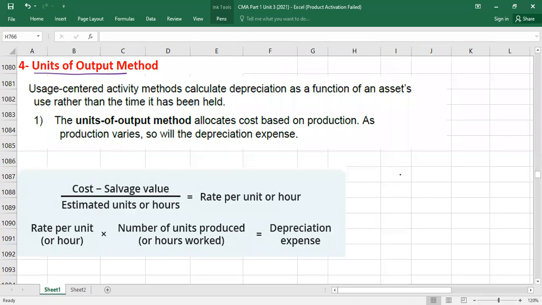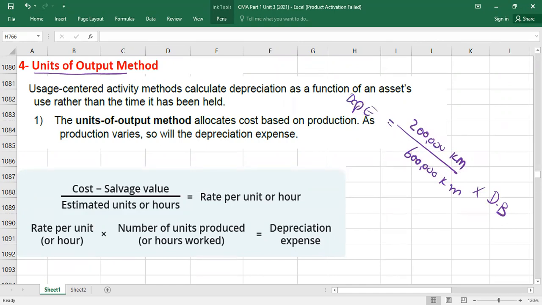And in the first year, if they drove only 200,000 kilometers, how will they get the depreciation? They will take actual usage, which is 200,000 kilometers, divided by total expected usage, which is 600,000 kilometers, and multiply with the depreciable base to get the depreciation expense.